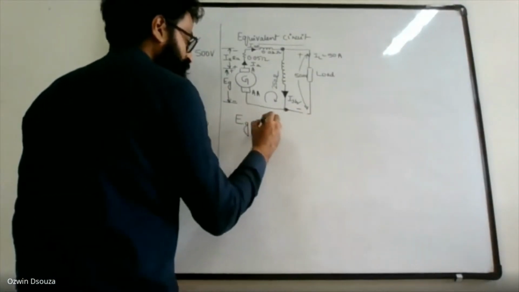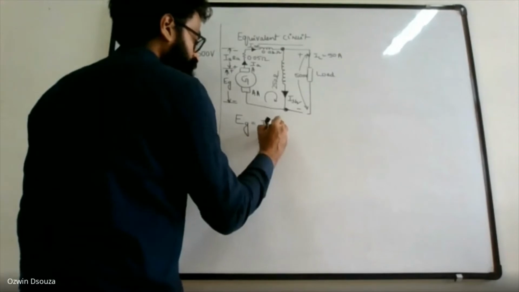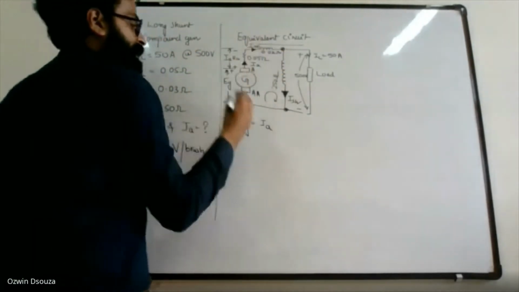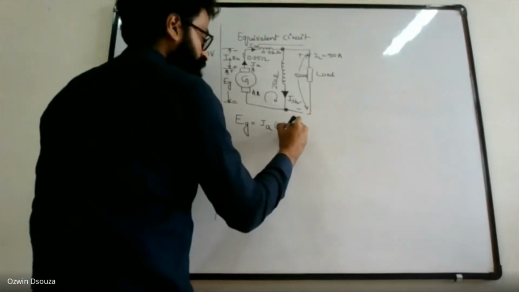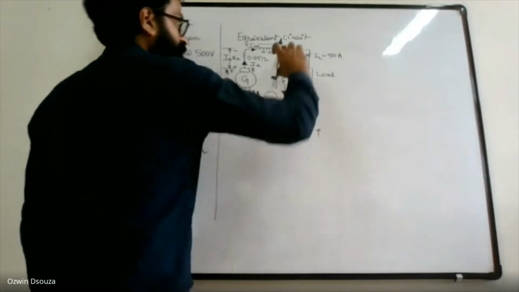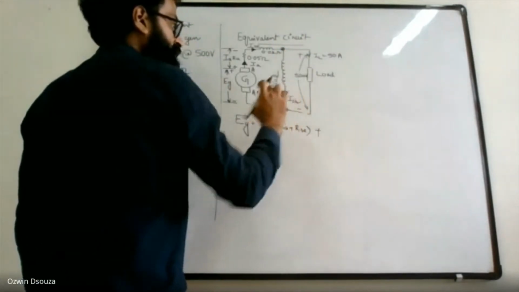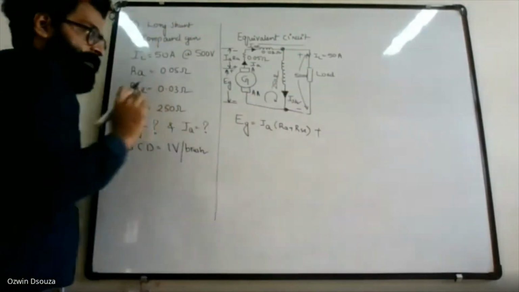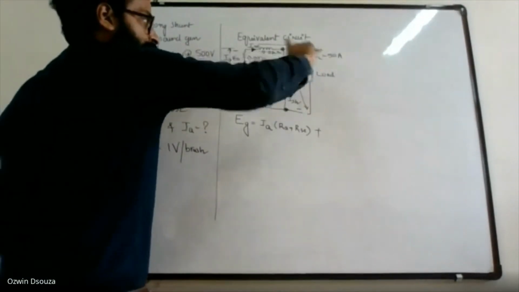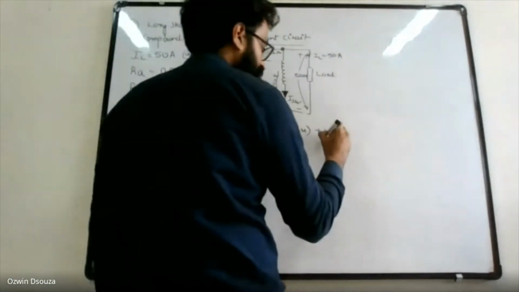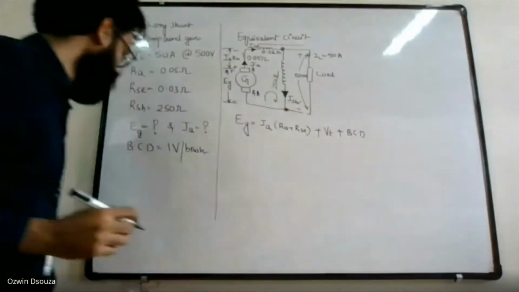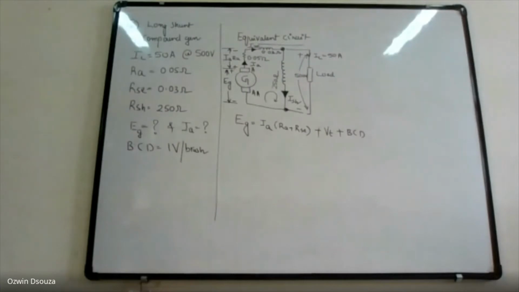Right. So you can write the generated EMF EG is IA into RA and RSC, which are connected in series, so RA plus RSC, plus the terminal voltage across the field winding. The voltage across field winding is nothing but the voltage across the load, that is VT. And you have been asked to consider the brush contact drop.